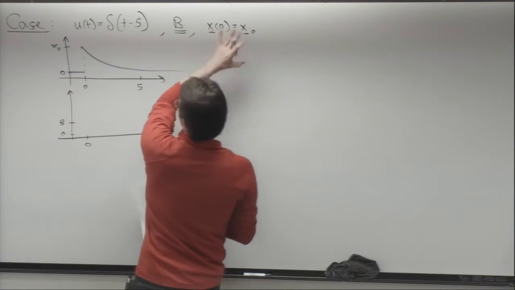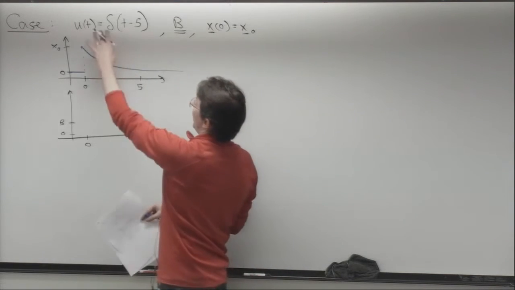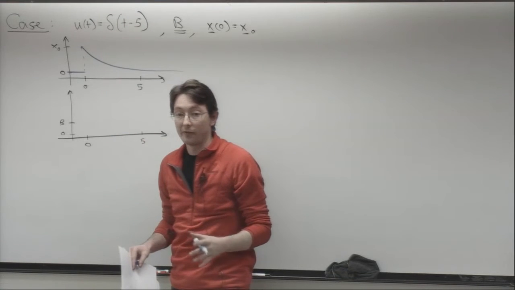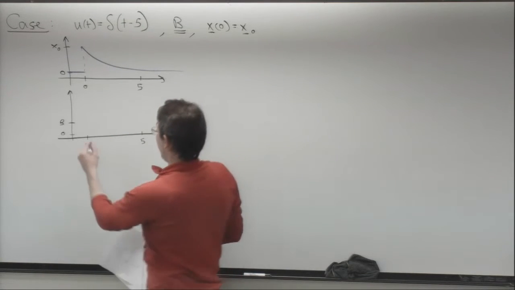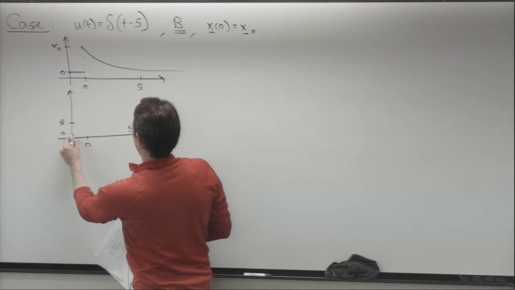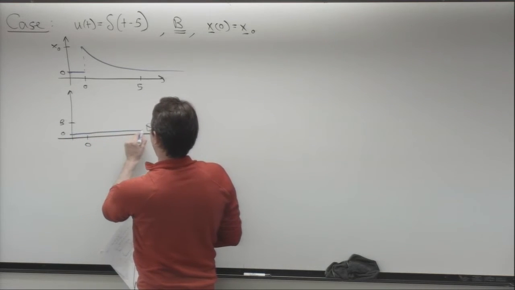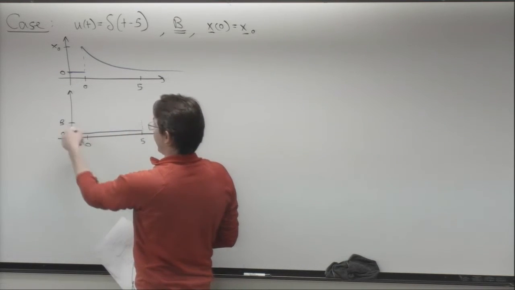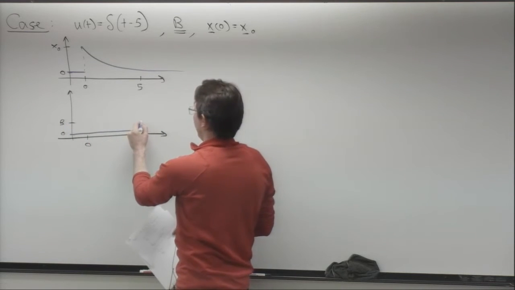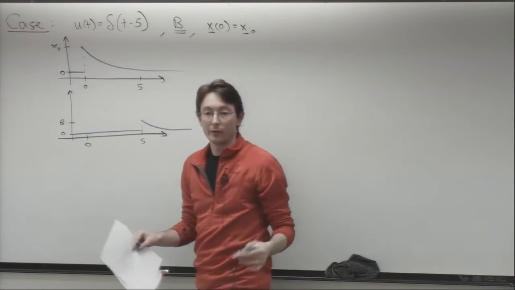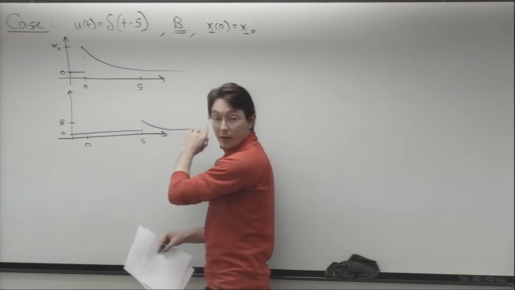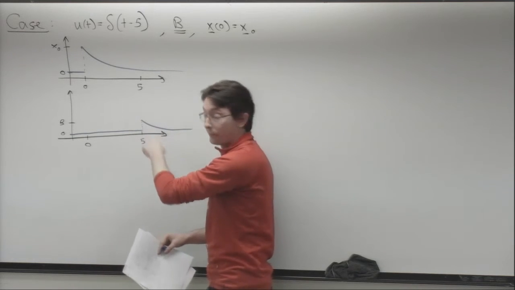Now, if I forgot that I had an initial condition, and I thought I only had this impulsive forcing at time 5, then that solution is going to be 0 up until time 5, and then it's going to jump to B, and whatever my A dynamics are will kick in for this impulse.